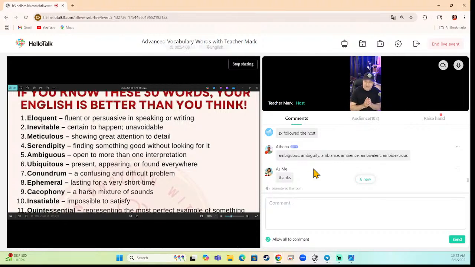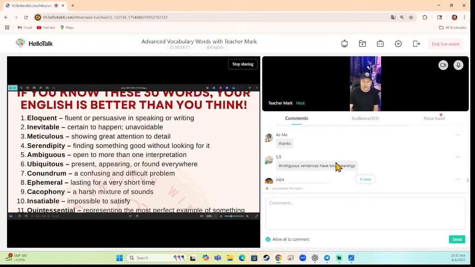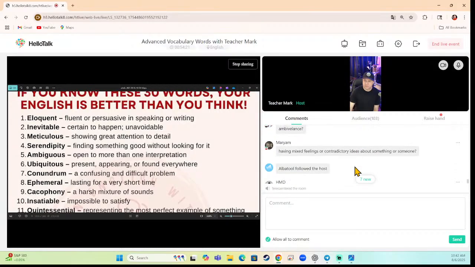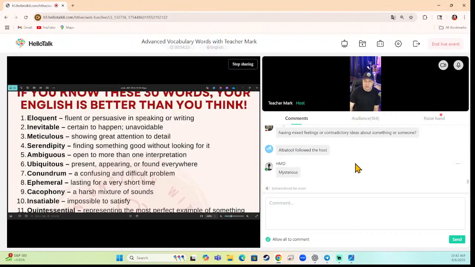And ambidextrous means what we said. Yeah, okay, good. All right. He does things ambiguously. To have mixed feelings or contradictory ideas about something or someone would be to be ambivalent. Yes.